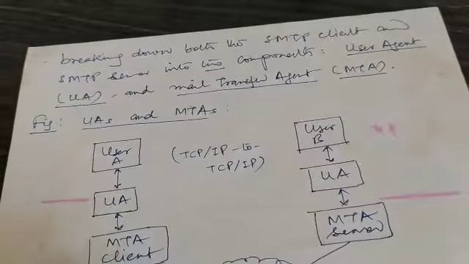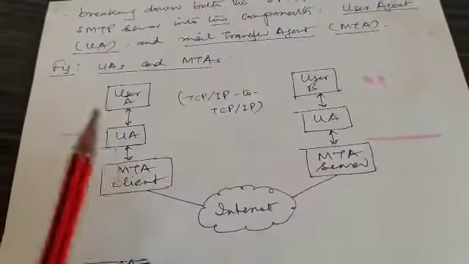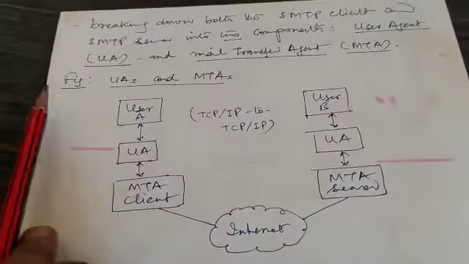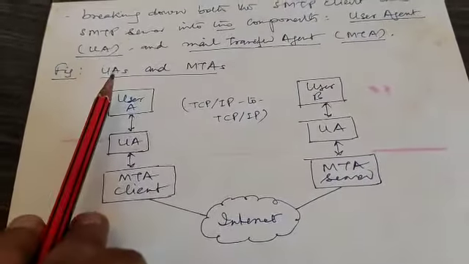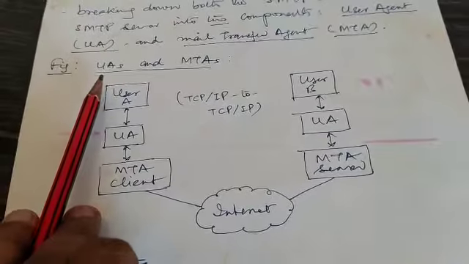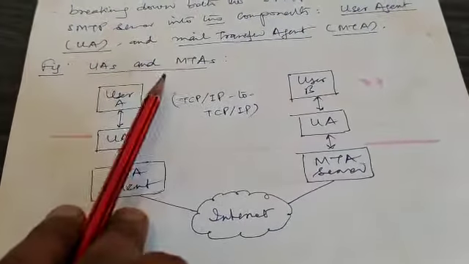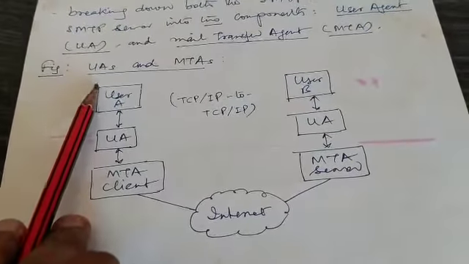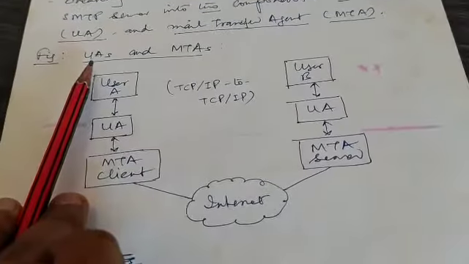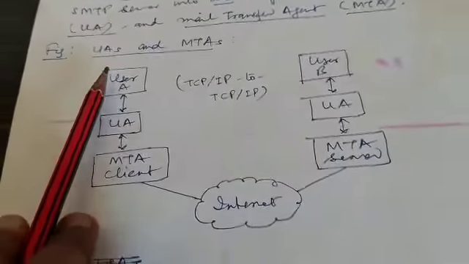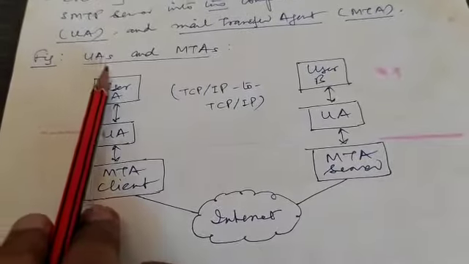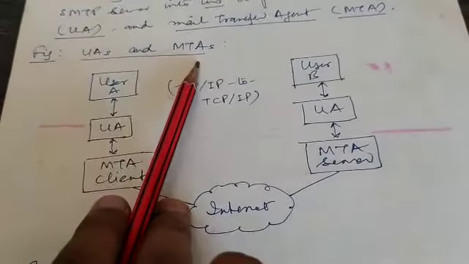Fine. So with this kind of breaking down, the same architecture which we have seen is shown here by further having these two components, UA and MTA.